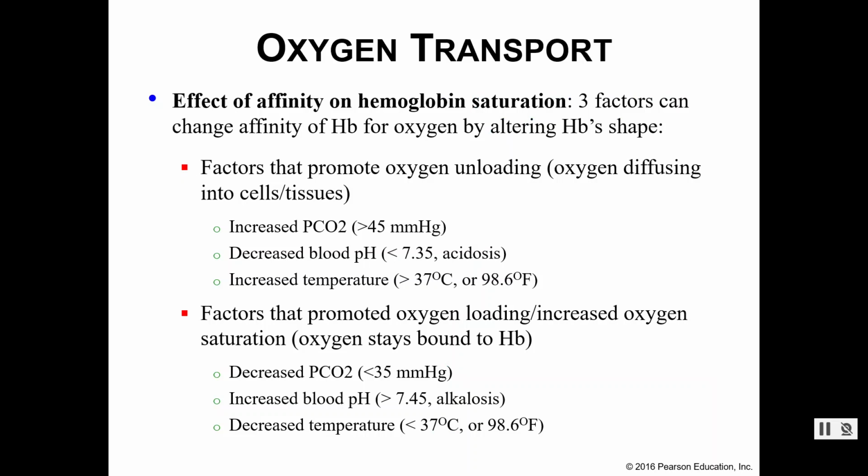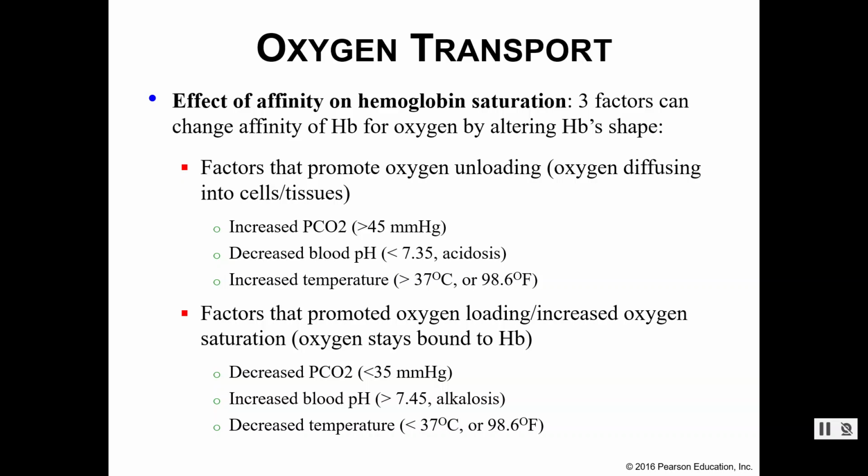So, the affinity of oxygen by the hemoglobin molecules. We have three things that can actually change the affinity. And we do that by changing hemoglobin's shape, which is kind of cool. So we have three things that promote unloading, and we have three things that promote loading. And you will notice that they're basically the same three things.